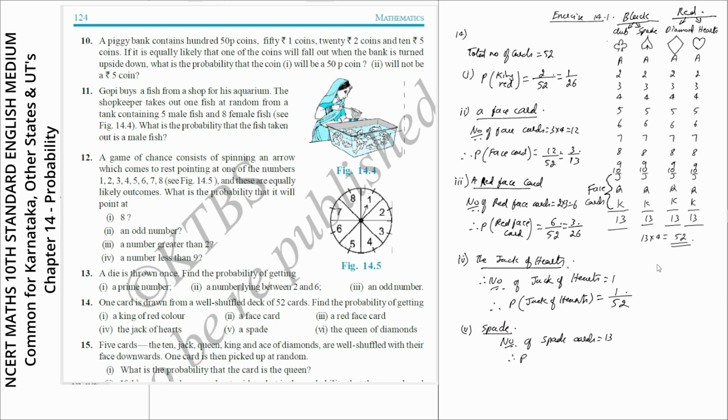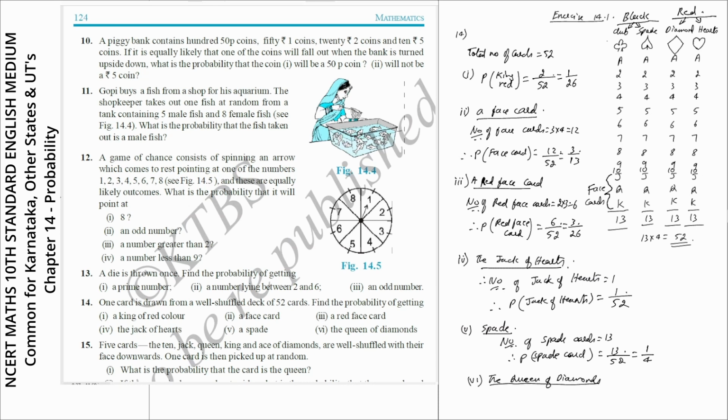Therefore, probability that a spade card is picked is equal to 13 divided by total number of cards, that is 52. So is it divisible by any common number? So it is divisible by 13. 13 ones are 13, 13 fours are 52.